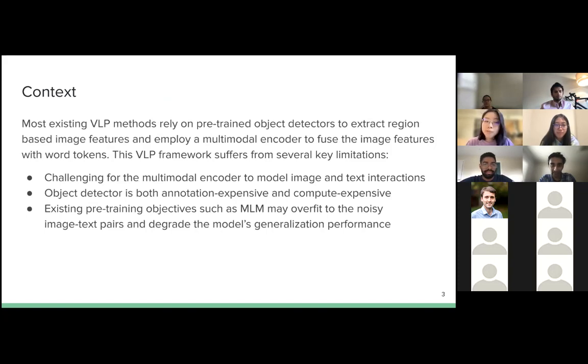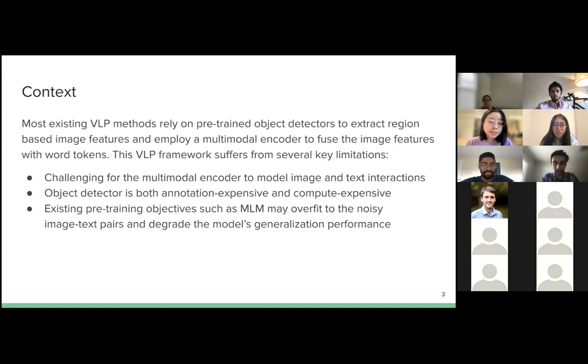So first of all, it's very challenging for the multimodal encoder itself to model the complex interactions between image and text because they lie in their own embedding spaces. And secondly, object detectors are very expensive to use. They are annotation expensive and compute expensive if it's part of our pre-training regime.